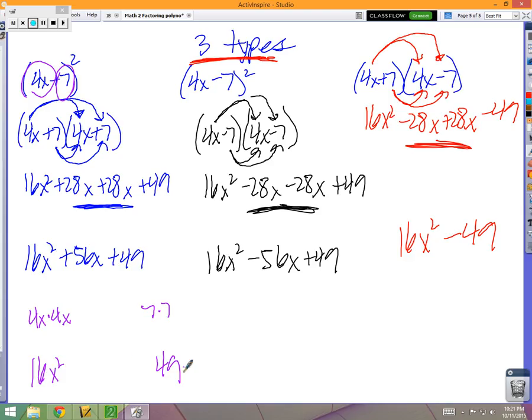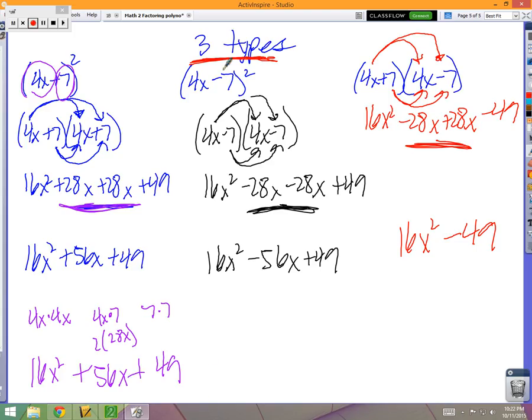So the first and the last are easy to get. It's the middle. The middle, you times these together. So you do 4x times 7, which is 28x, and you double it. There's going to be 2 of them. So you double it, so it's going to be 56x, and everything is plus.